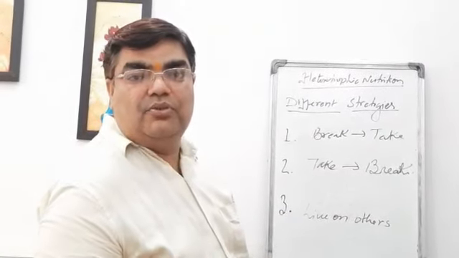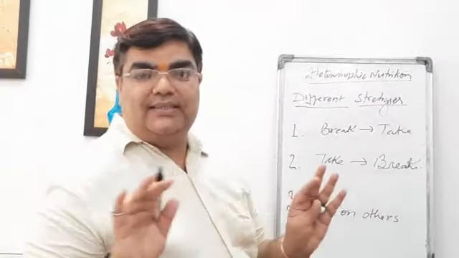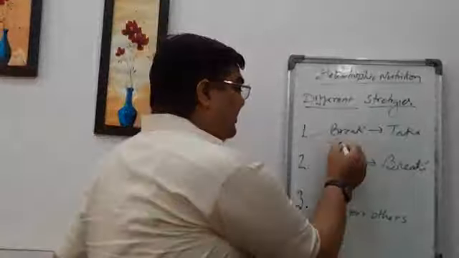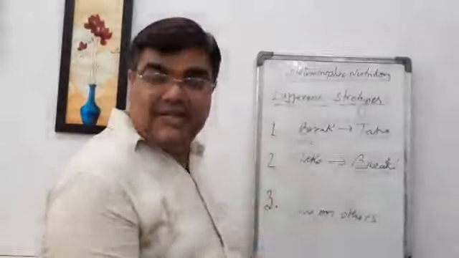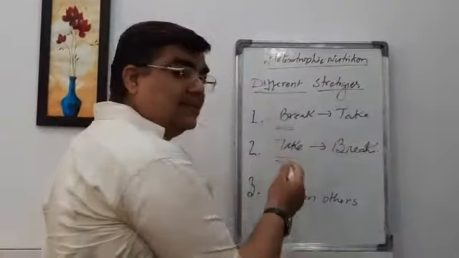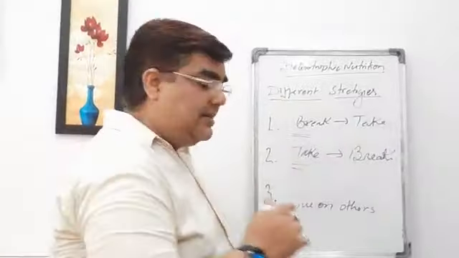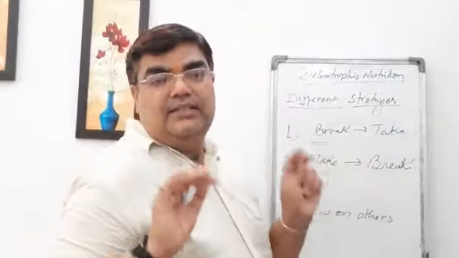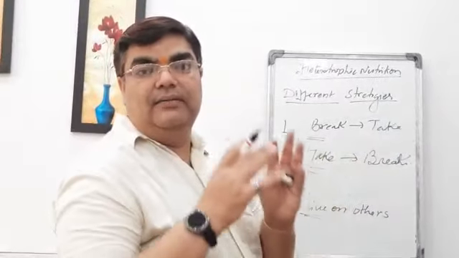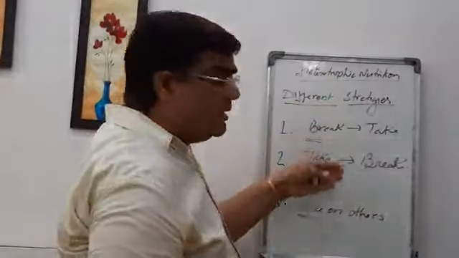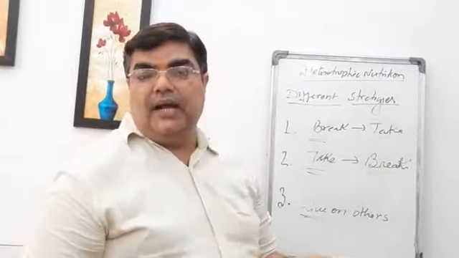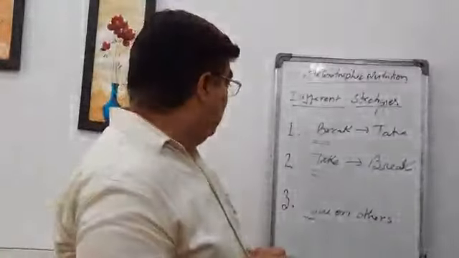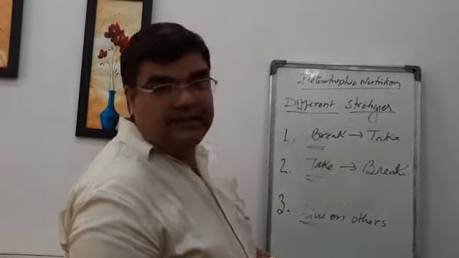They just absorb. No digestion is there. In the earlier case digestion is outside, in this case digestion is inside, and in this case no digestion at all, just absorption of the food. So these are three different categories, and I will discuss them one by one.